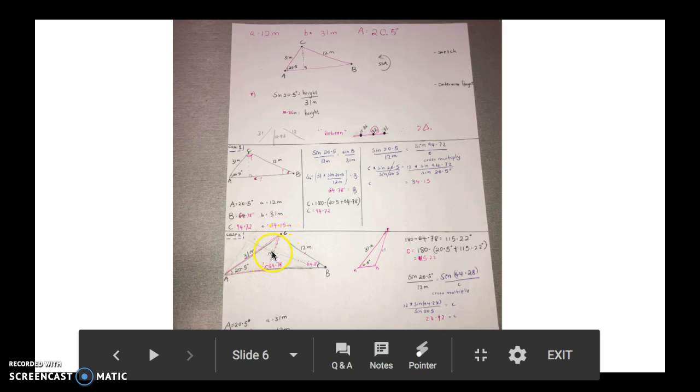This is like if you swing the 12 back, and this will end up giving me what is called an isosceles triangle, and that isosceles triangle tells me that the base angles are really the same. So from the previous case, I already know that angle B is 64.78. These are isosceles triangles, which means this base angle will also be 64.78.